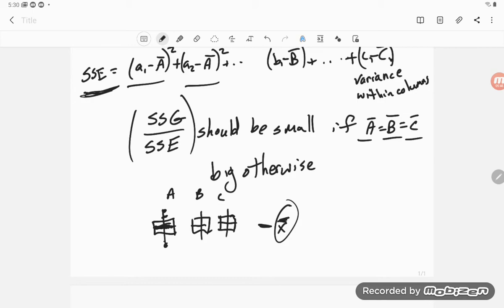So this whole analysis of variance table and all that is just a nice formulaic way to get to a ratio that we want to check.